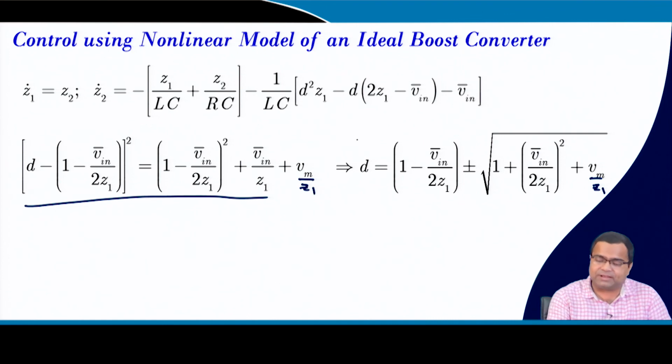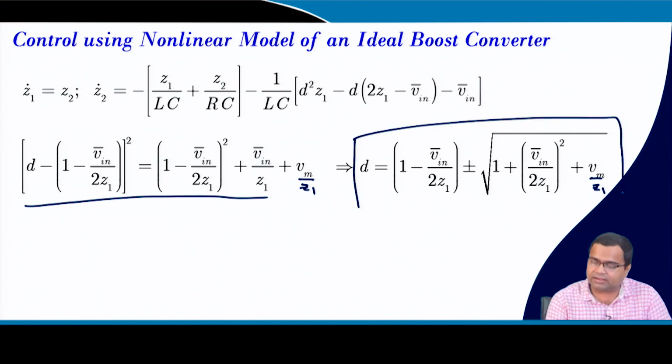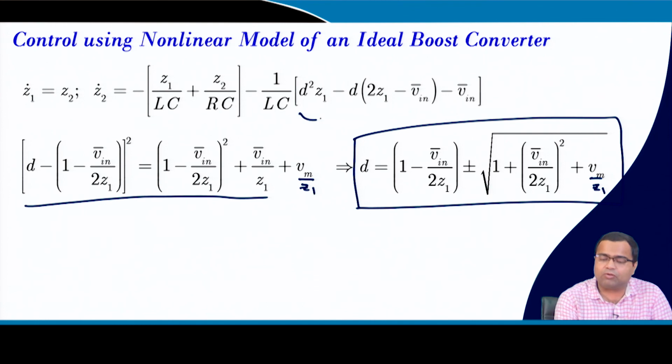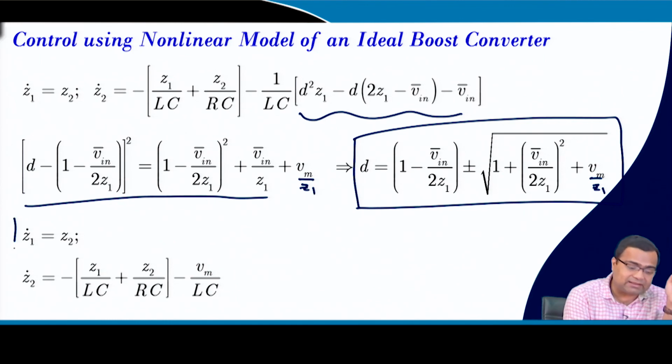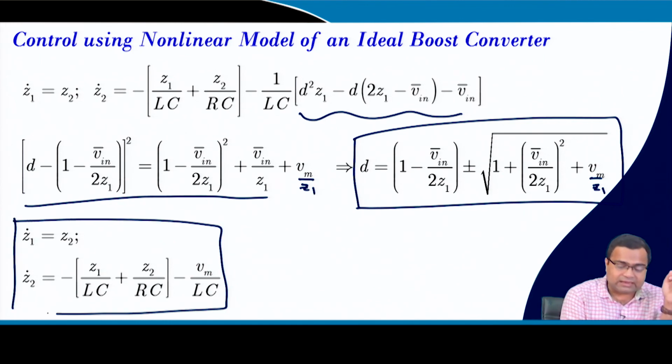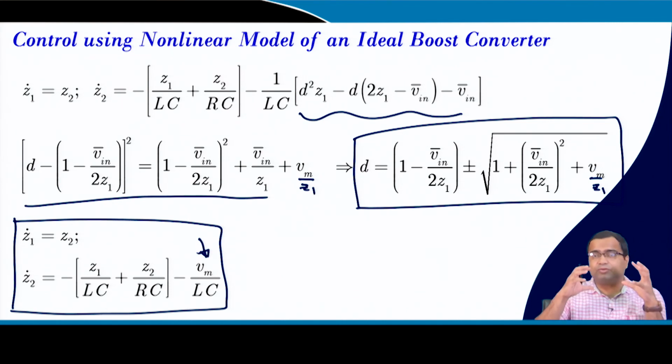That means, if we replace the duty ratio in this way, then my whole term here will look like this Vm. So, now it is linear, there is no nonlinearity, and this is another control variable, remember, which should be derived as a function of Z1, Z2.